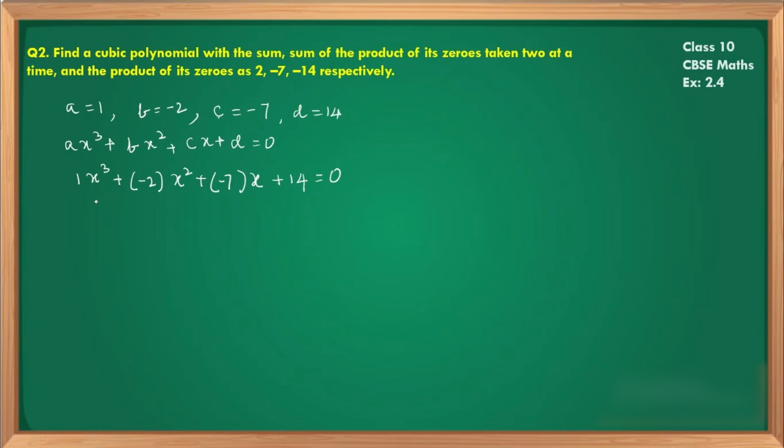Now we'll simplify this. X cube into 1 is x cube, plus into minus is minus 2x square, plus into minus 7x, plus 14 is equal to 0. So this is the cubic polynomial that we have arrived at, and this is the answer. The question 2 is over. We move on to question number 3 in the next page.